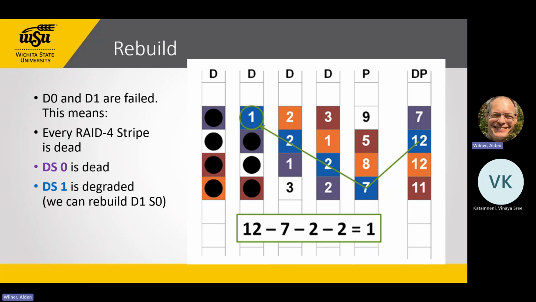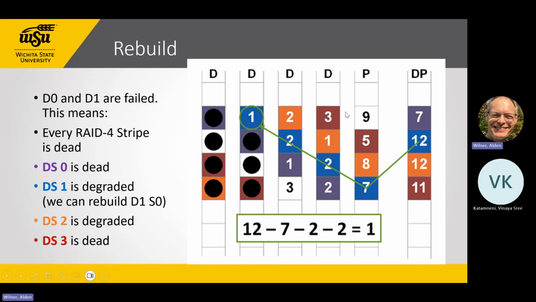Diagonal stripe 0, the purple one, has 2 dead pieces. Diagonal stripe 1, the blue one, has only 1 dead piece, and we've already rebuilt it. We can rebuild drive 1 S0, right? Diagonal stripe 2 has only 1 piece with a hole in it. That's on drive 0, so we can rebuild diagonal stripe 2.